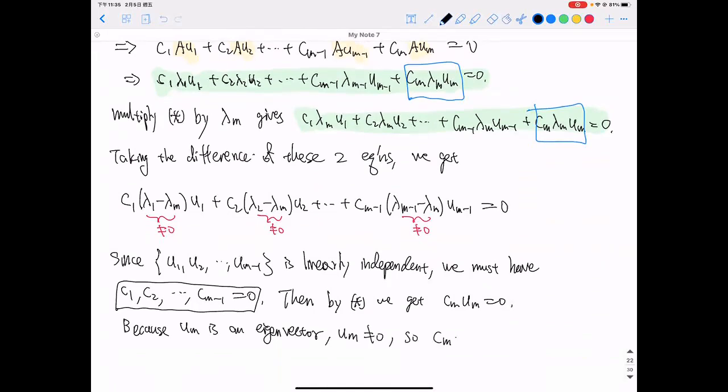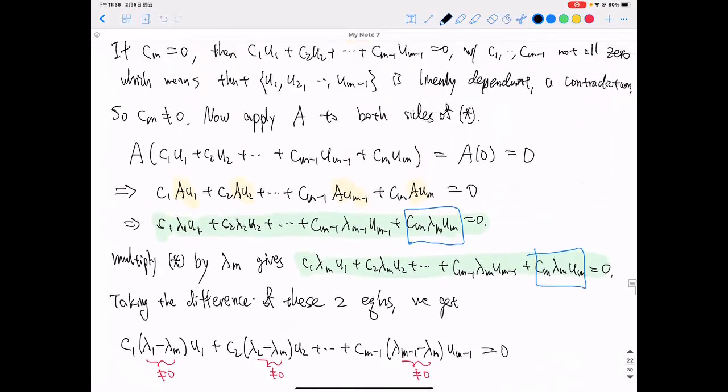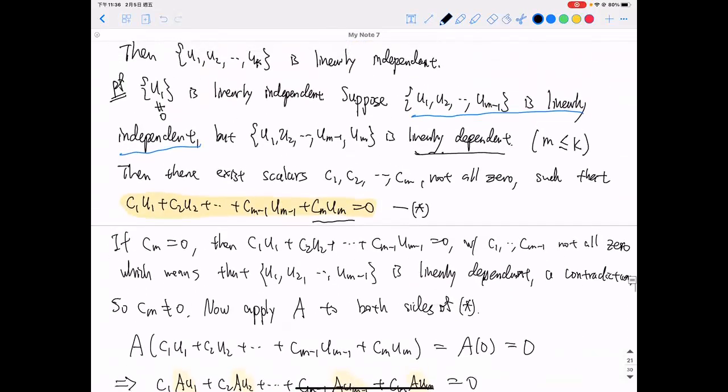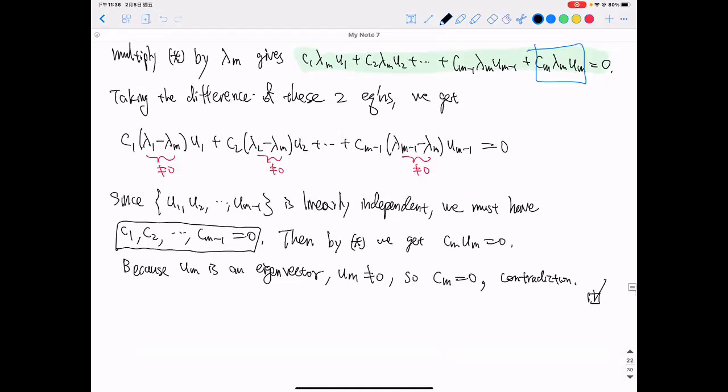So Cm must then be 0. But this is again a contradiction, because we assumed that U1 through Um are linearly dependent. So the only way this could have happened is because we made the wrong assumption that U1 through Um are linearly dependent. Therefore, in fact, U1 through Um are linearly independent for all m less than or equal to k. And that's the theorem.